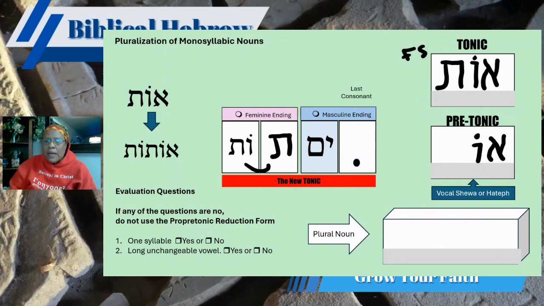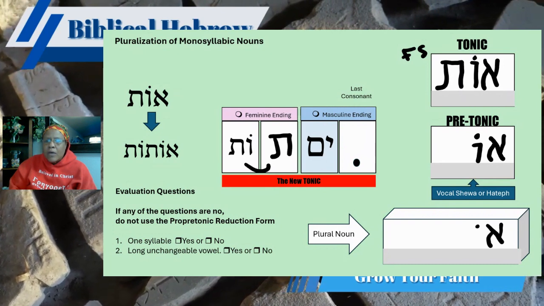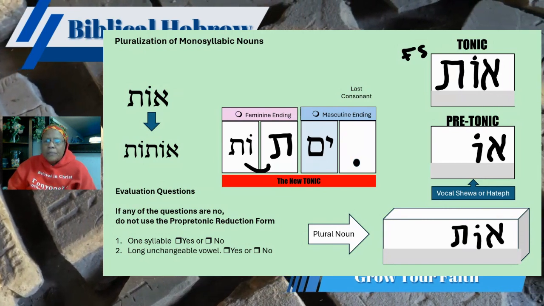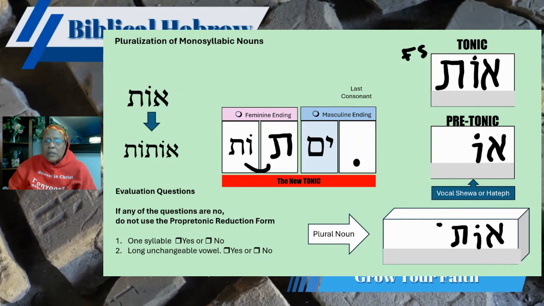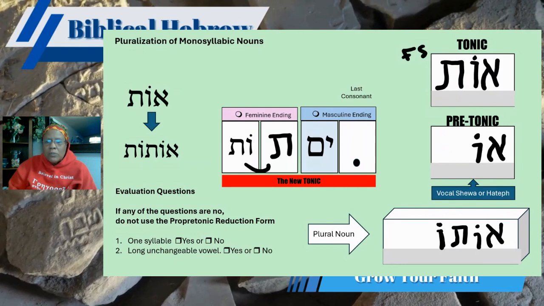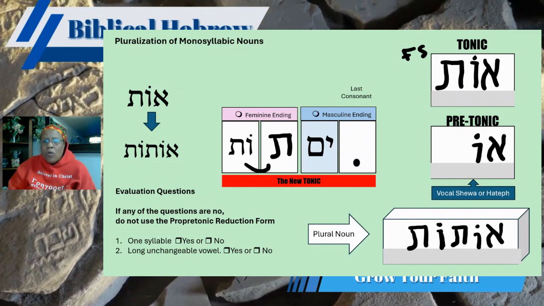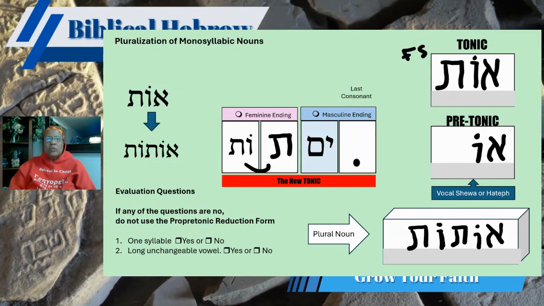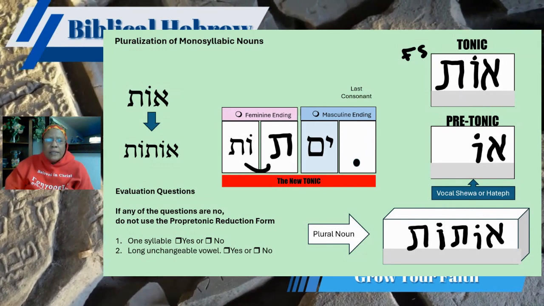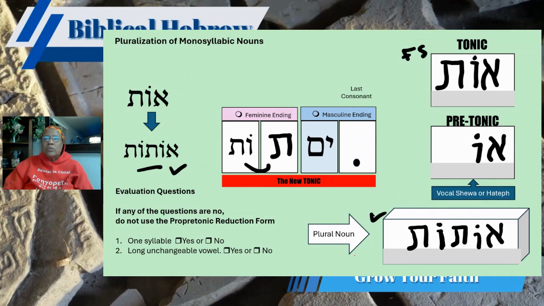Now, when I pull this together, again I write my guttural aleph, silent letter, my hataf vav, my tav, a begadkefat letter, along with its vowel, a long changeable vowel, and the tav. So we have otot, otot. Okay, and I've checked it, and it is correct. All right, let's go on.